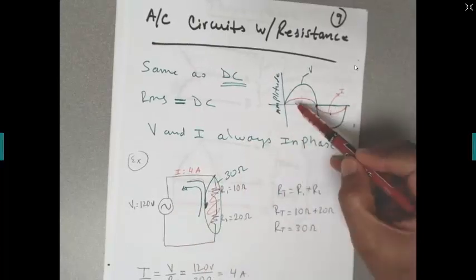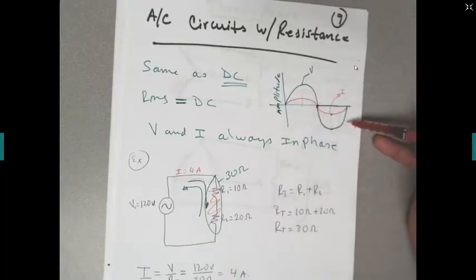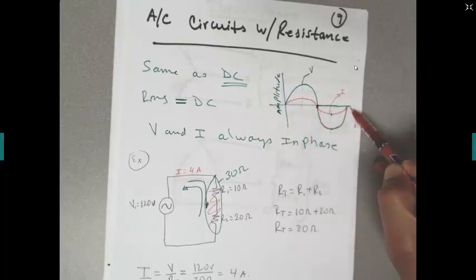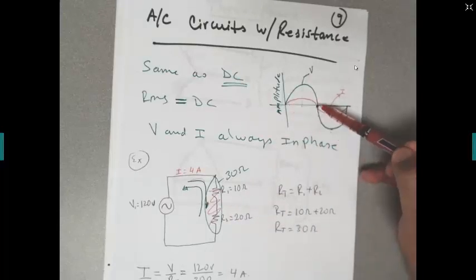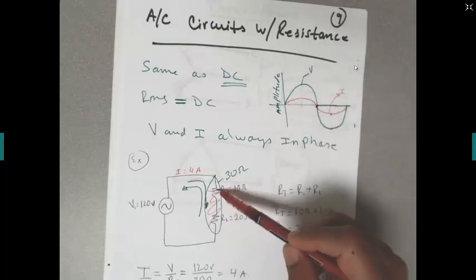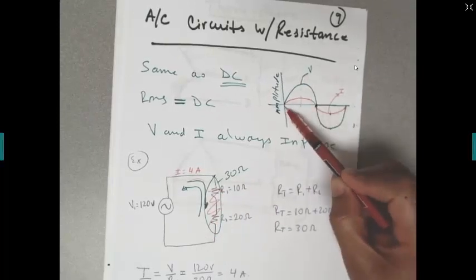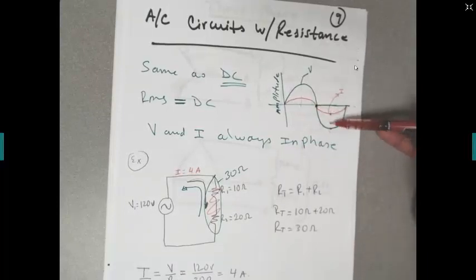Let's say this is the voltage being applied, and this is the current that results from applying this voltage to the load. The voltage and the current on a resistive circuit are always in phase. They go through zeros at the same time, and they go through their peak values at the same time.